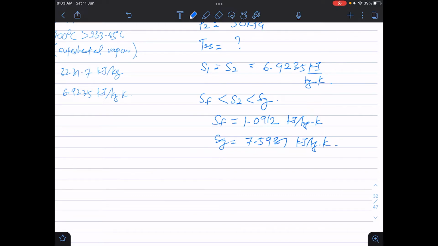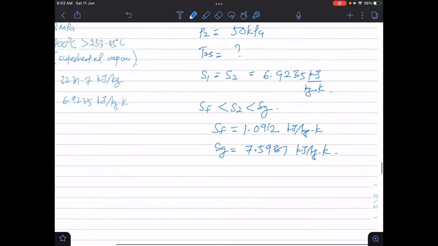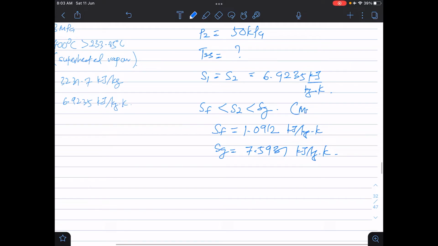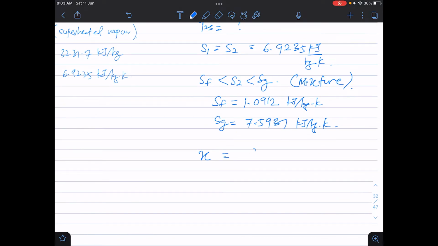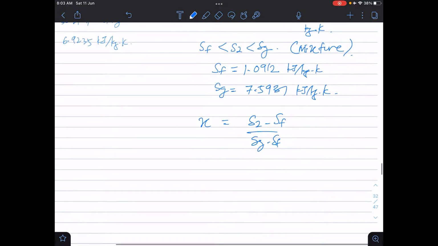So we know this is a mixture because it lies between SF and SG. What you should do is get the quality of the mixture, X, which is equal to S2 minus SF over SG minus SF.